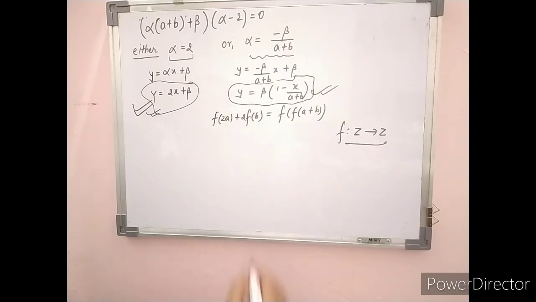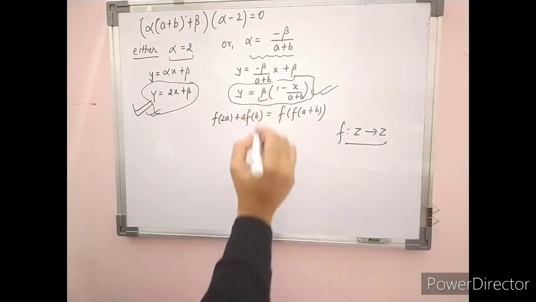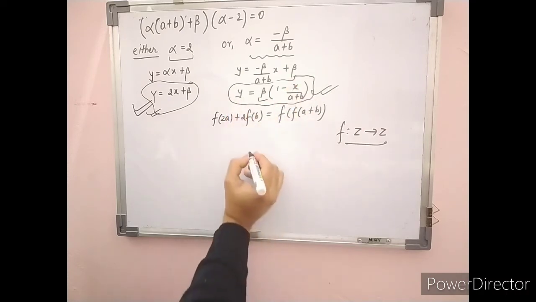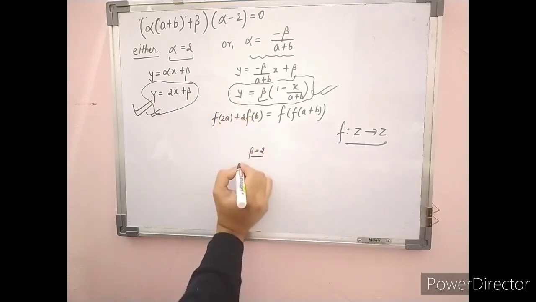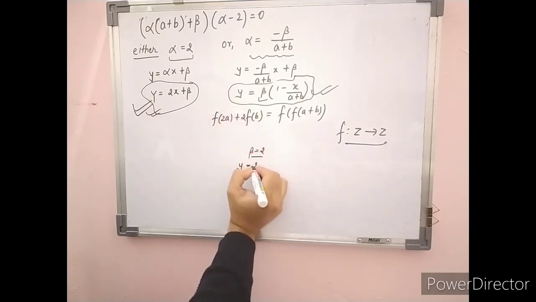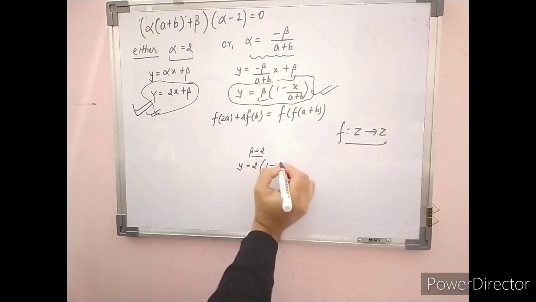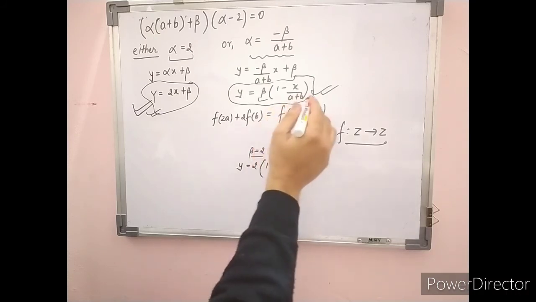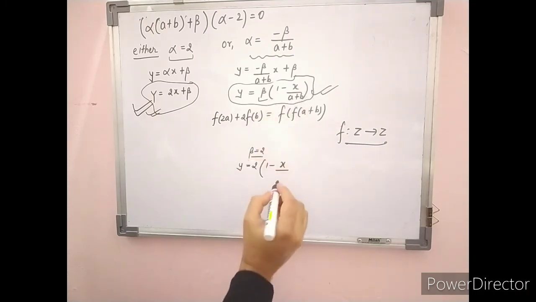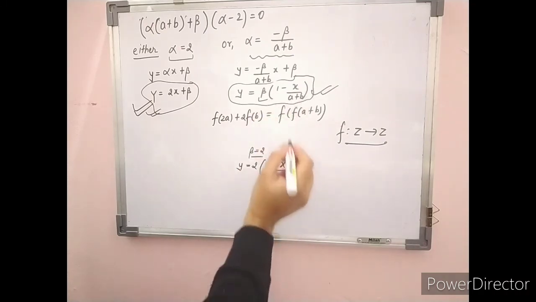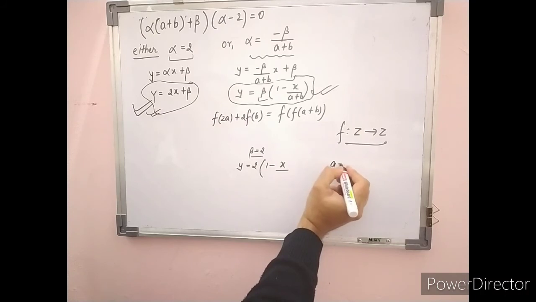Okay. See, y is something constant. Let us say, I will show you by an example. Let us say beta is equal to any constant, 2. Now y is equal to 2 times (1 minus x upon a plus b). A and b are also some constants and they are not necessarily integers. But let us say a is equal to 1 and b is equal to 2.